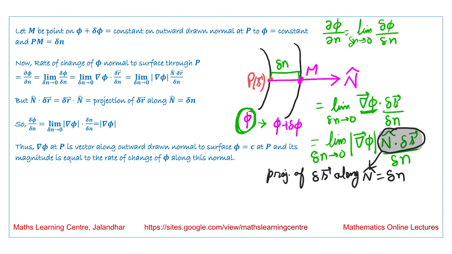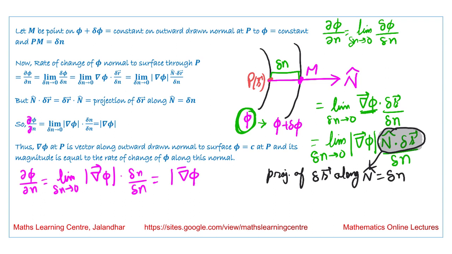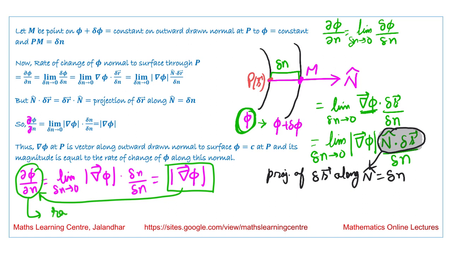So we obtain that curly phi by curly n is equal to limit delta n tends to 0 of magnitude of gradient of phi into delta n by delta n. So this is equal to magnitude of gradient of phi. The magnitude of gradient of phi is curly phi by curly n, the rate of change of phi along the normal.